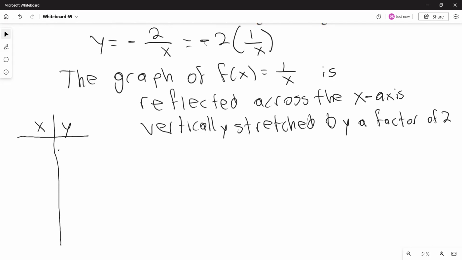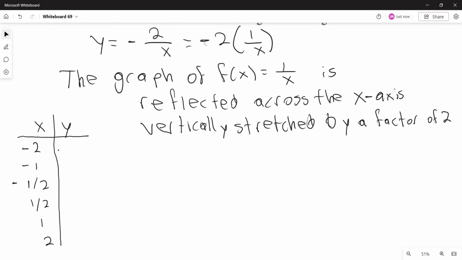So still, the opposite of 2 over x is undefined at 0. I'm not even going to write 0 because I know that the graph is going to be undefined there. I'm going to take the other values: -1/2, -1, -2, and then 1/2, 1, and 2.